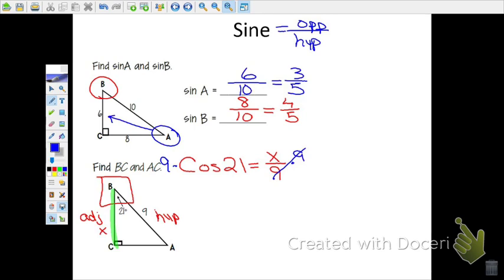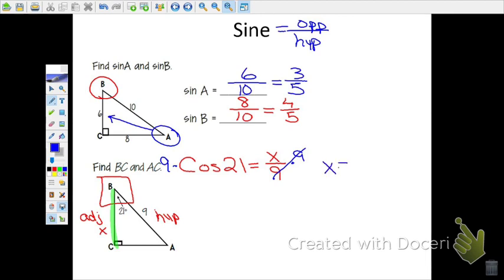So 9 times cosine 21 equals. You're always going to have, or most often have, a number that goes on, and your directions are going to tell you what to round to. For today we're going to round to the nearest tenth, one number after the decimal.